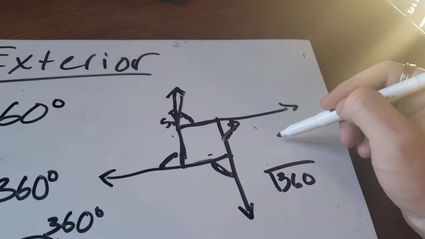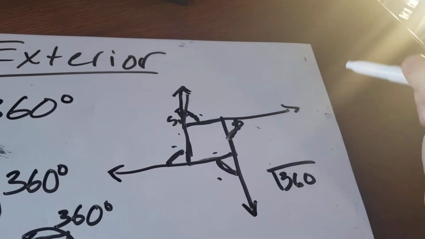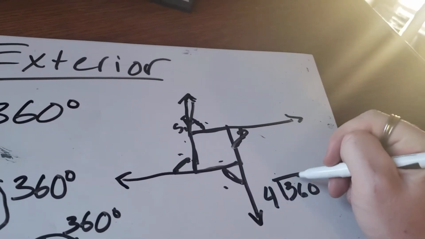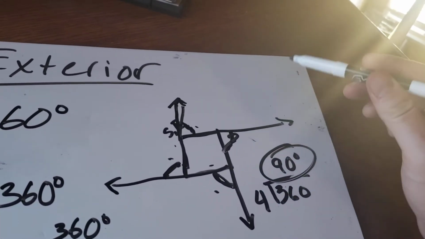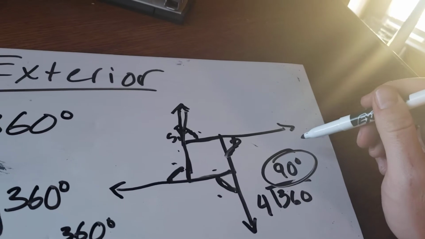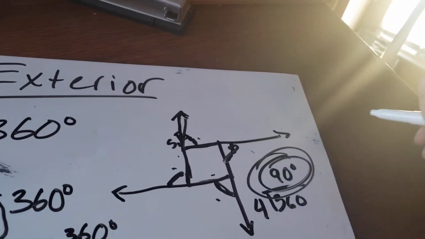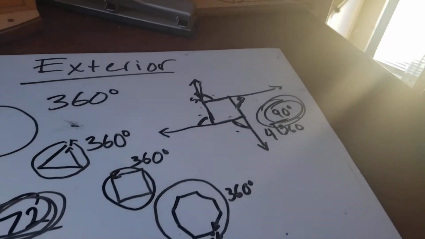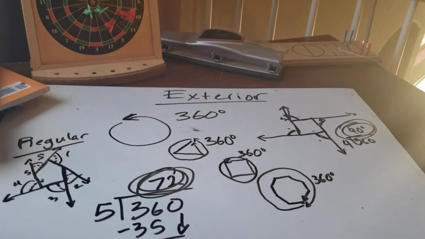How many sides does our shape have? 1, 2, 3, 4. 360 divided by 4 is 90 degrees. How much is each exterior angle of a regular quadrilateral? 90 degrees. So there is an introduction to exterior angles.